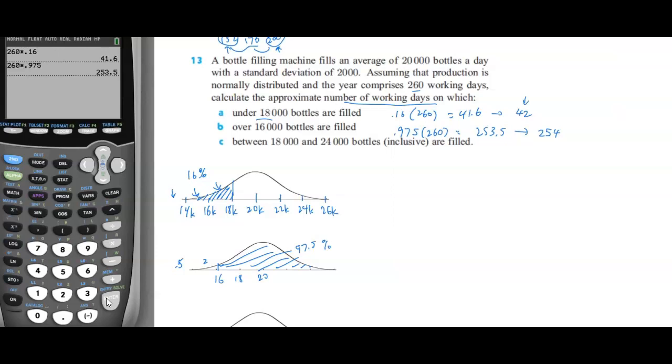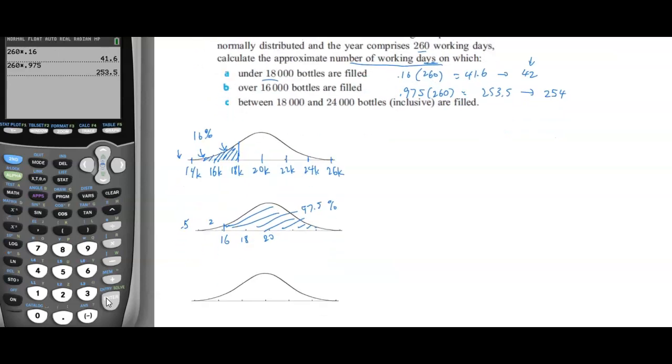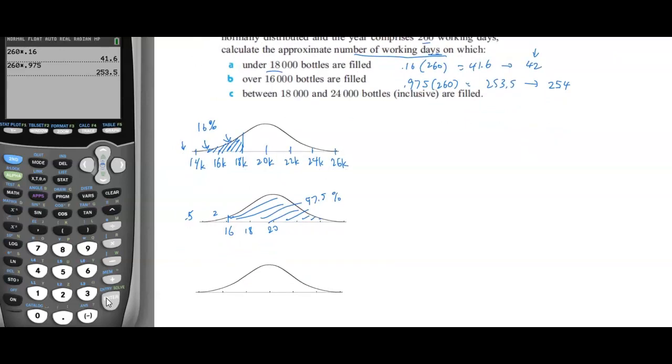So, you know, I would say that on some of these, like for your IA, 41.6 I think kind of has meaning. You don't need to round it, but on the IB exam, usually if they say how many working days or how many people or something like that, they want you to round to a whole number of days usually.